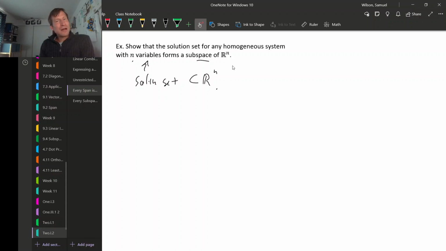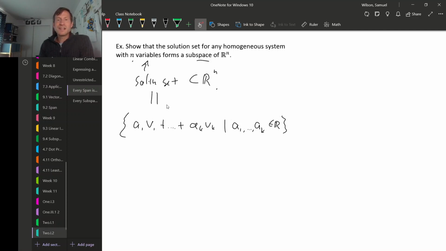Well, a while ago we proved that the solution set to any homogeneous system takes the form of a1 v1 plus ... plus ak vk for all choices of scalars here.